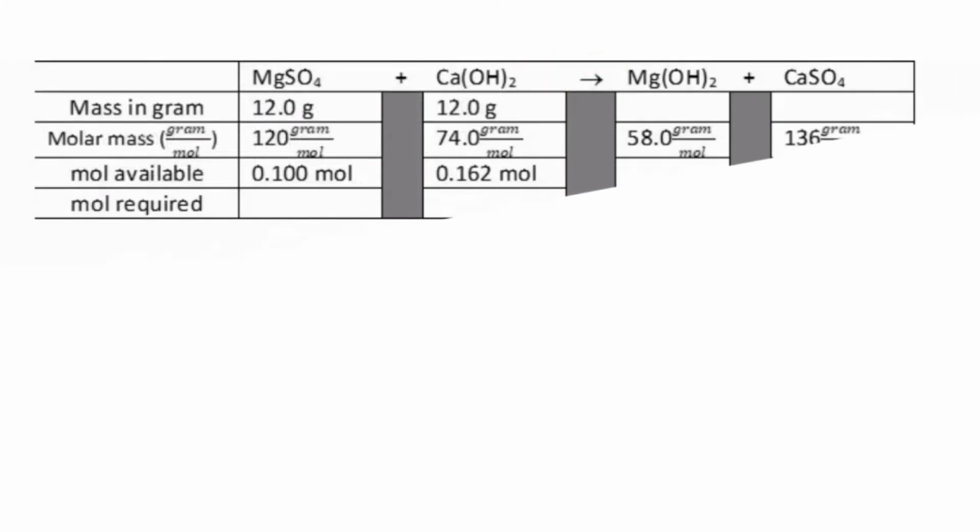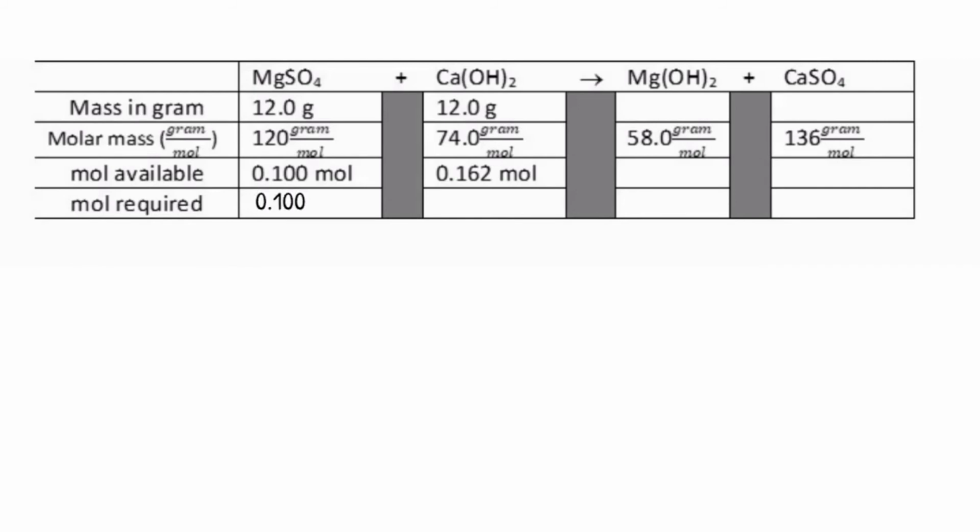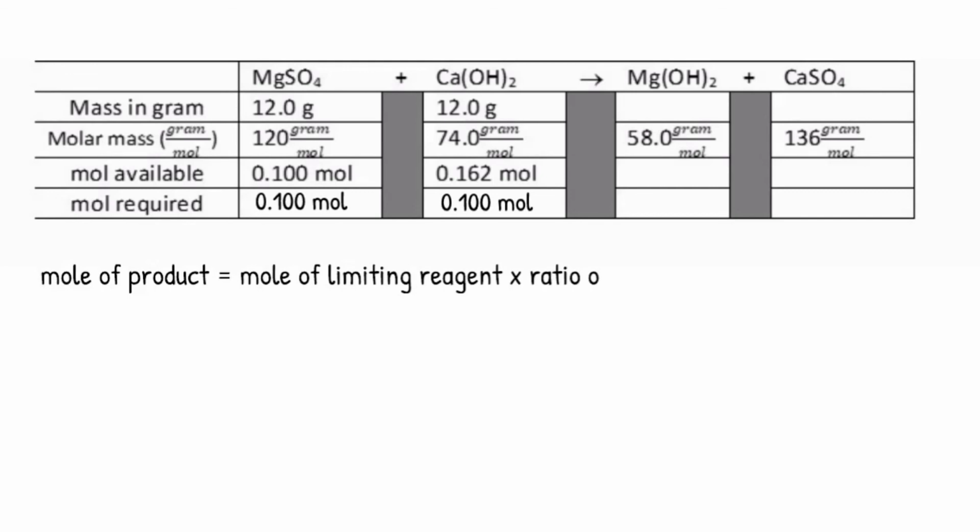To determine the theoretical yield, this is the yield at 100% conversion. Mole product is equal to the mole limiting reagent multiplied by the ratio of the stoichiometric coefficient of the products to the reactants.